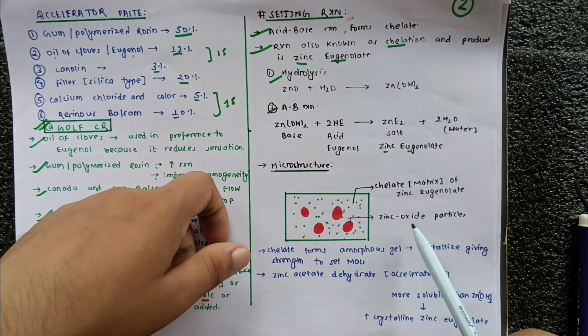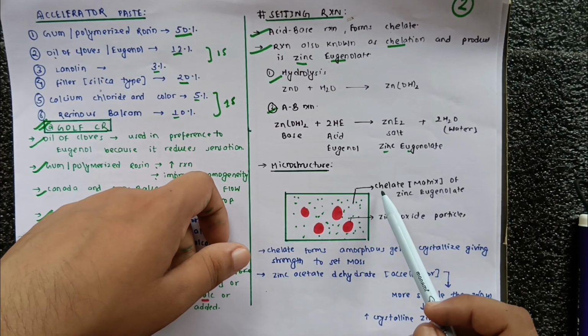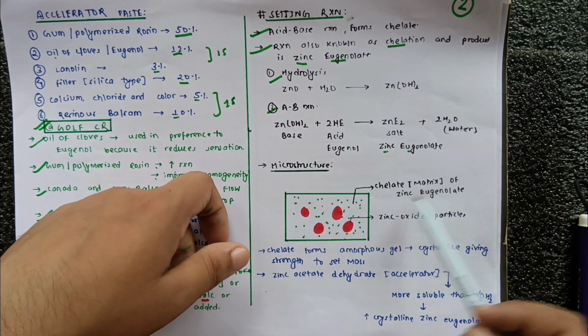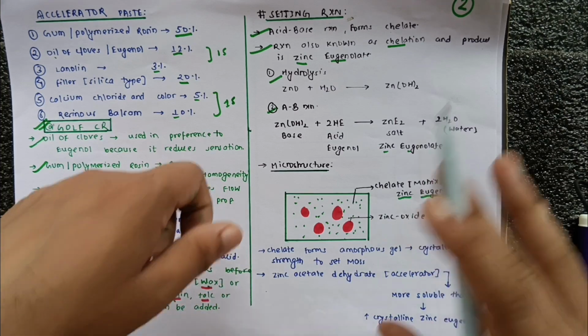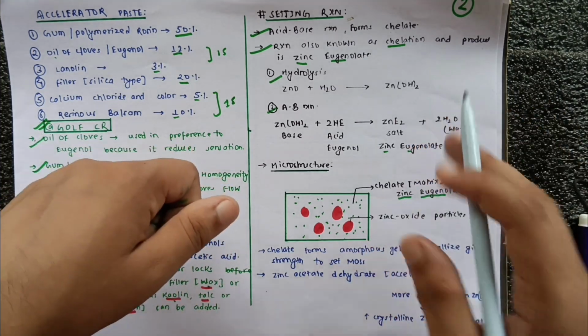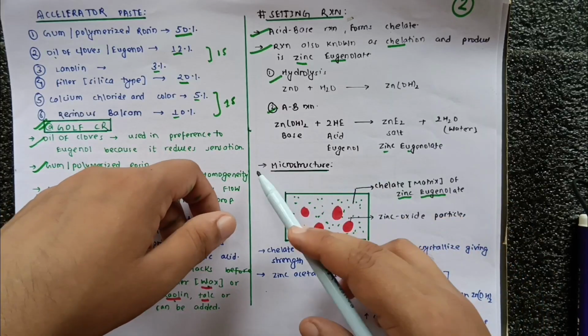So the unreacted zinc oxide particles are present in the matrix, the zinc eugenolate chelate matrix. That is the microstructure.